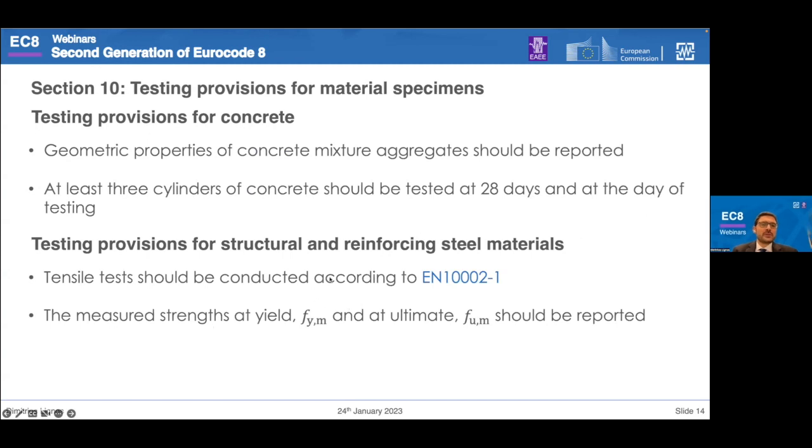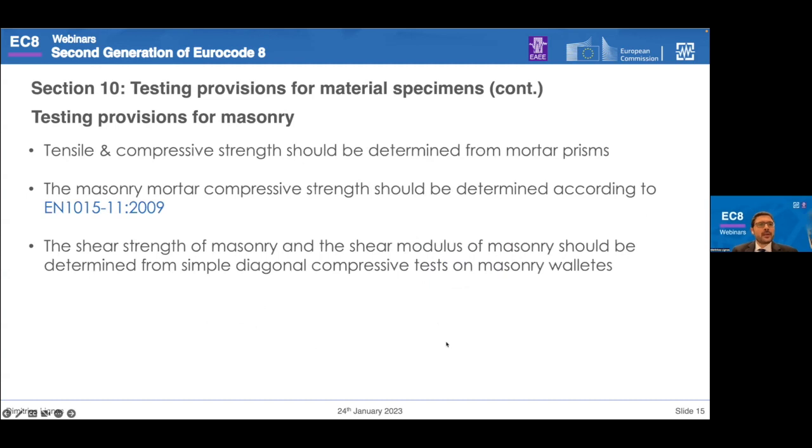These should be done according to EN 10002, and typical measured strengths, such as yield strength or ultimate strength, should be clearly identified to be used in strength calculations.